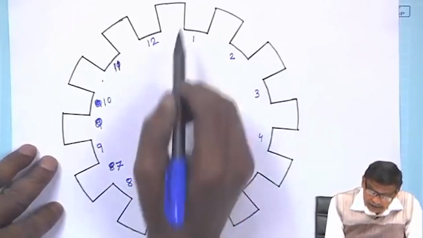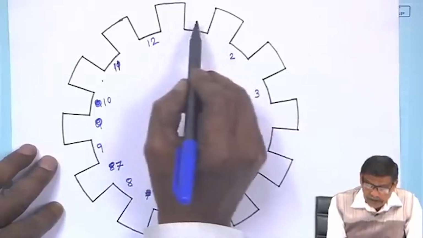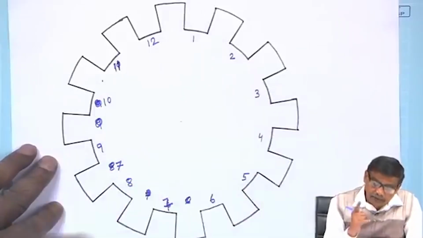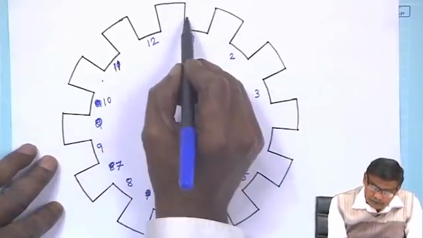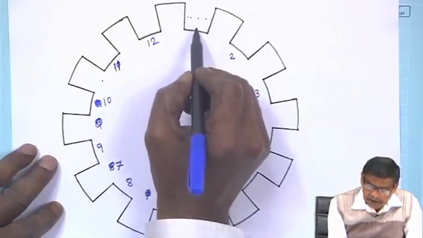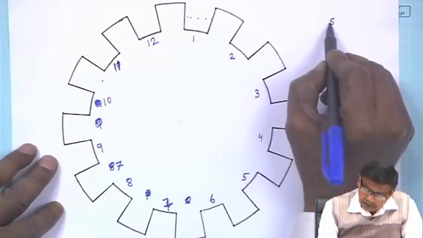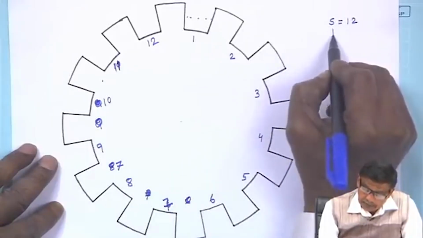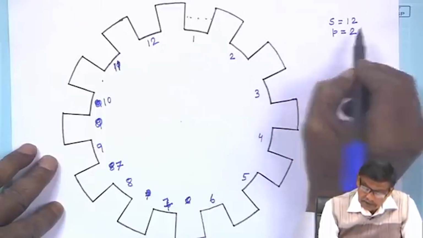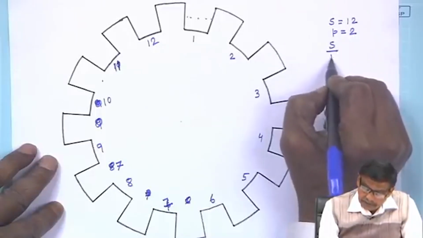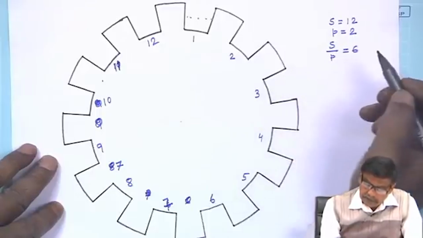Now, what I am telling, in each slot there will be two coil sides, one upper deck and one lower deck. So, if number of slots equal to 12 and P is equal to 2, then S by P is equal to 6.